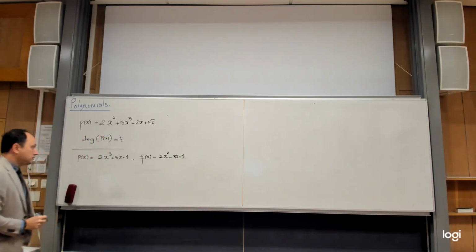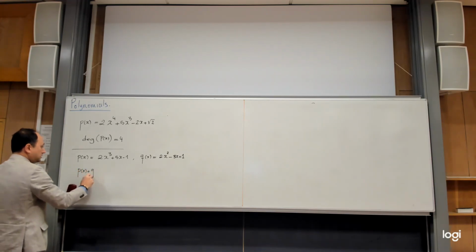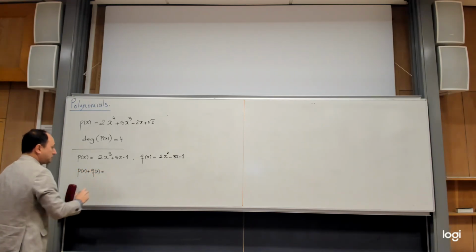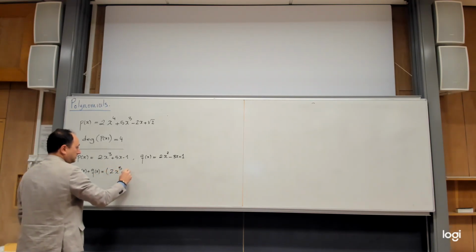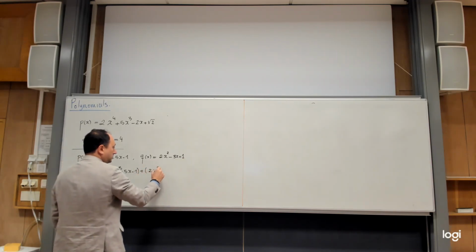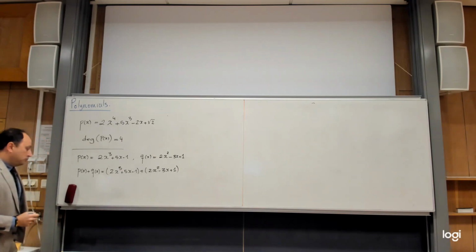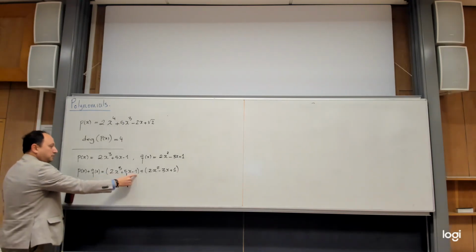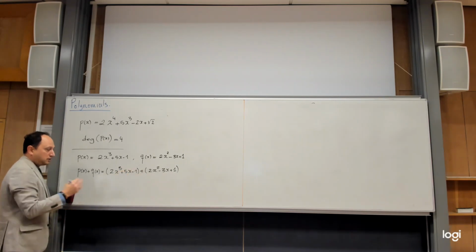If I want to add these two polynomials, p(x) plus q(x), in principle I should put a pair of brackets around the first one, and then plus a pair of brackets around the second one. But in principle, we don't need the brackets here because the signs are positive, so I can remove them safely.